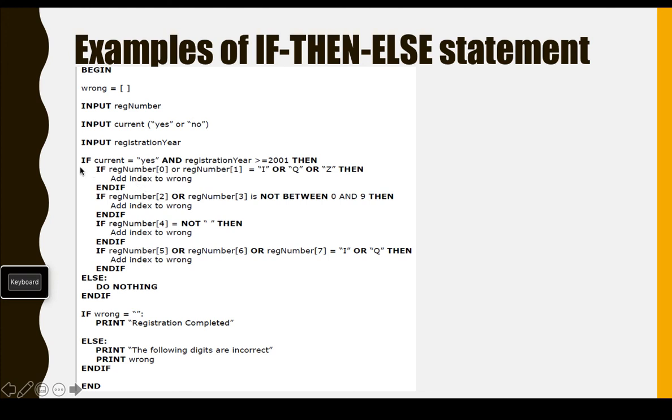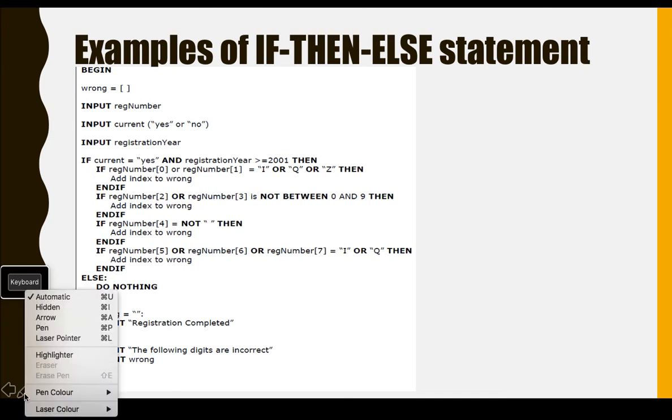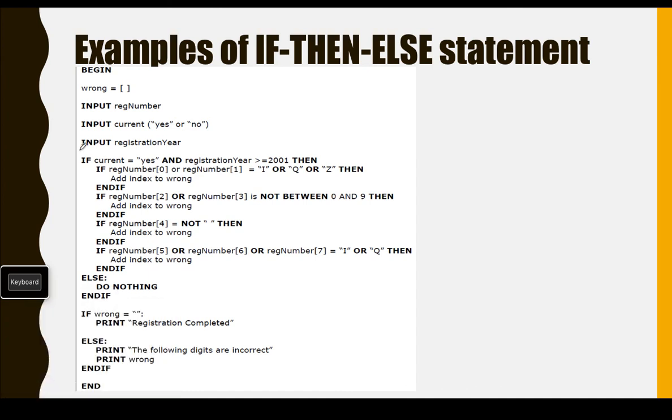We would indent it to say this block belongs to this condition. Hopefully that makes sense. If I just use a pen here to make it clearer: what we're saying here is, check for this condition here. If that condition is true, then come inside this block.